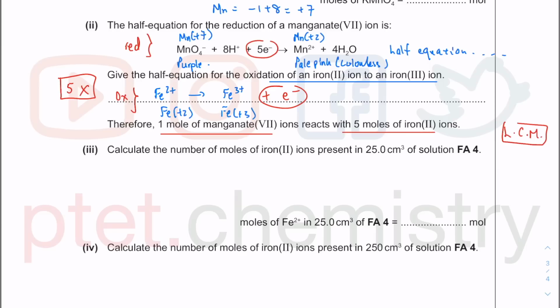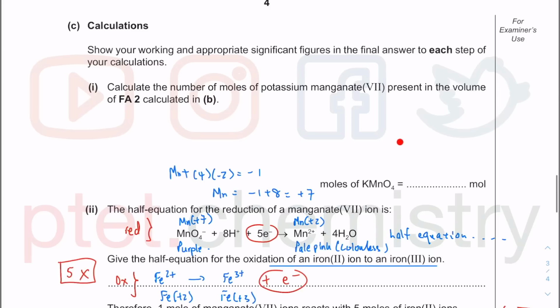So the first thing you do really is, this one should be the easy bit, because the mole of Fe2+ is to the mole of the MnO4-. You will see the mole ratio, because I put down the mole of iron 2 on top, so there will be 5 mole of iron 2. Equal means equal, so whatever is at the bottom is equal to 1 mole from the balanced equation, from the mole ratio given. I will have the mole of MnO4- because that was the answer in part 1.